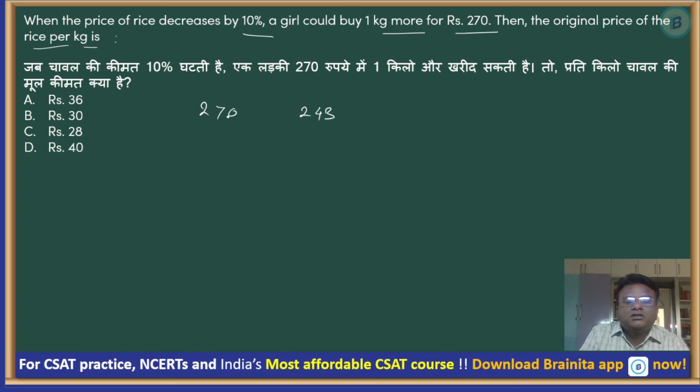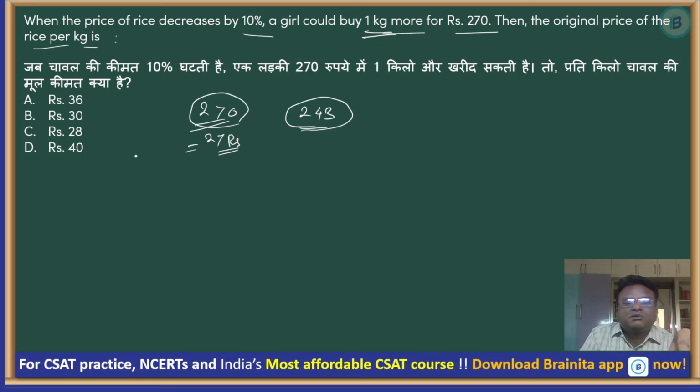How? Because 10% of 270 is 27 rupees, right? That she would be able to save, and whatever rice she was buying, she'll be able to buy for 270 minus 27, 243 rupees, right? Within 243 rupees. So she is left with 27 rupees in hand, but she is able to buy 1 kg more with the remaining money, because she is spending the entire 270 rupees.